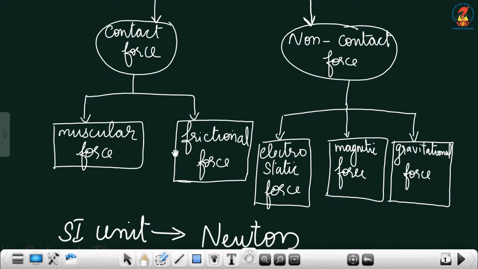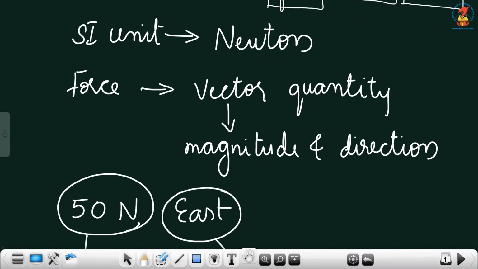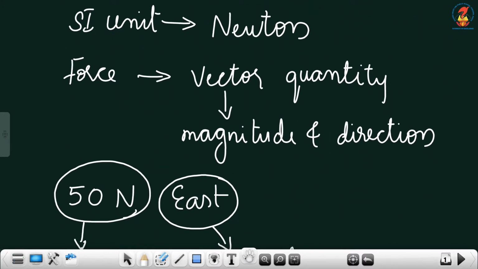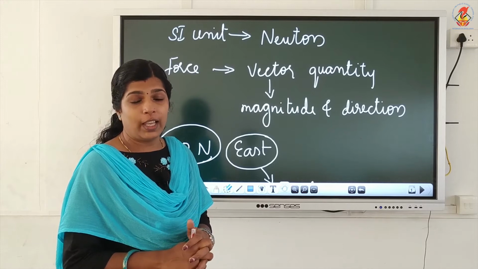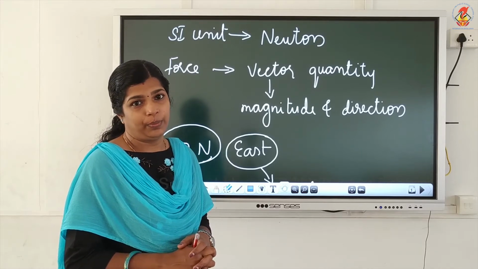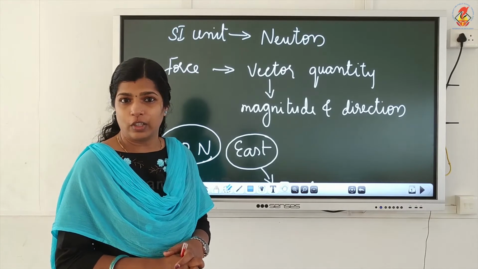Now the SI unit of force is Newton. Force is a vector quantity. In the first chapter we studied scalar and vector quantities. Anything that can be measured is known as a physical quantity.